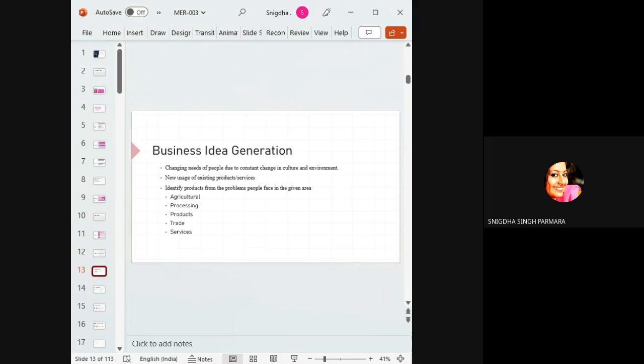Then in the product sector, as in we are talking about manufacturing something, manufacturing clothes, manufacturing any toys, manufacturing any accessories, any household items, it could be anything. Manufacturing products is basically manufacturing. Trade, what is trade? Trade is wherein you're not manufacturing anything, but you're just trading on certain goods which have been manufactured by somebody, as in you're acting as a facilitator, you're buying the goods from the manufacturers and selling it to the end consumers.